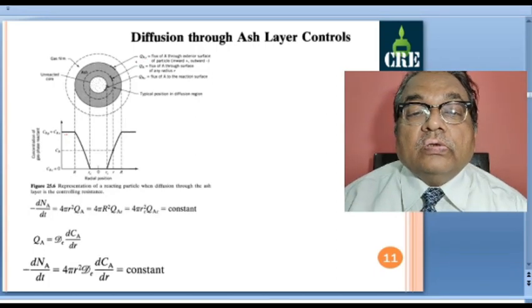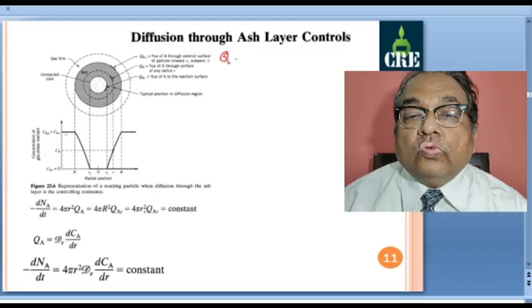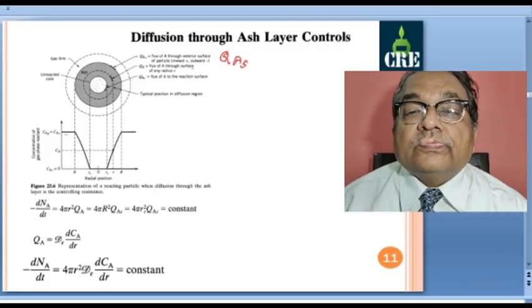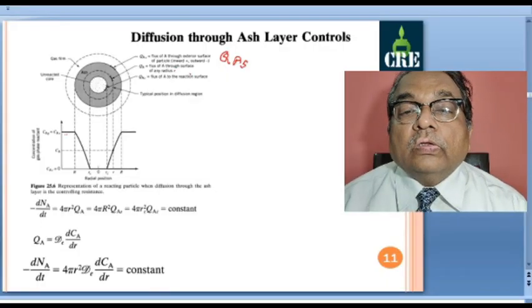So capital QAS, the first one, is QA subscript S, the flux of A through the exterior surface of the particle.